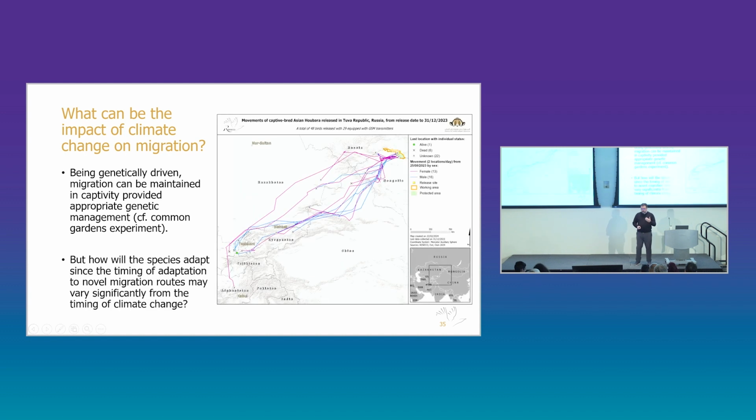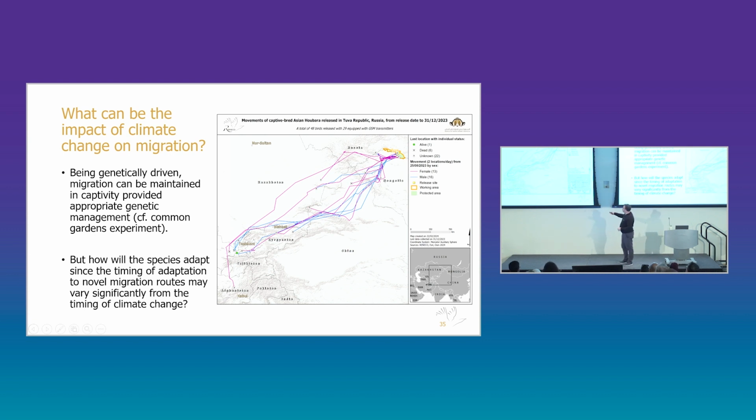But what's going to happen when the climate changes and the birds are going to have to move or adapt, shift range, or maybe what if we do assisted colonization to an area where the species actually got extinct? And this is actually an experiment we did last year to try to see how the birds are going to behave.